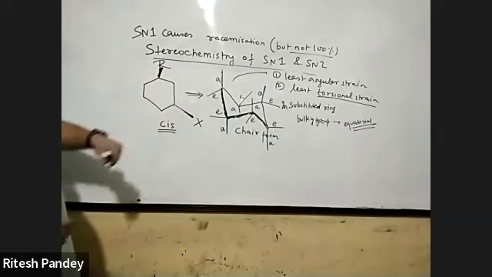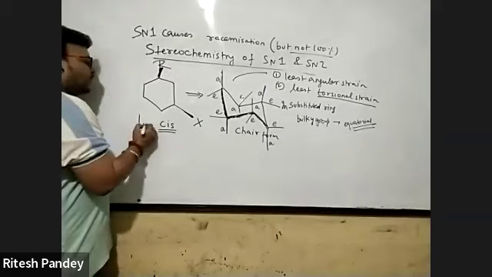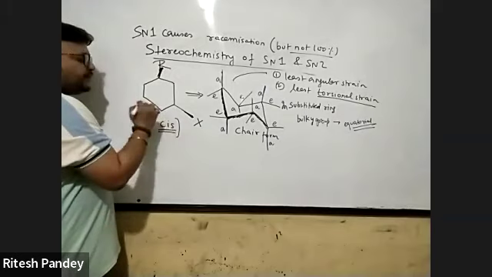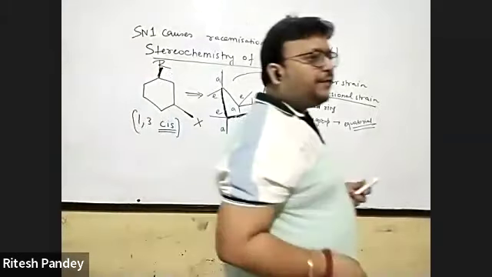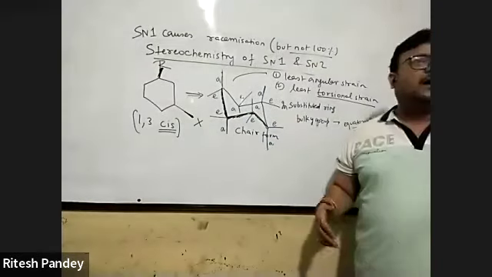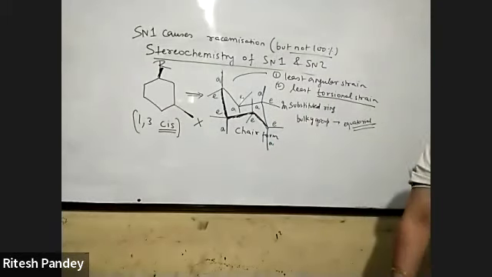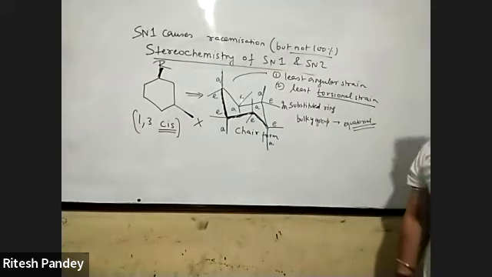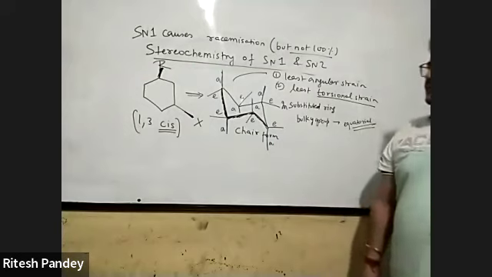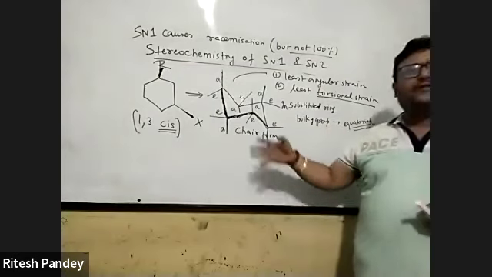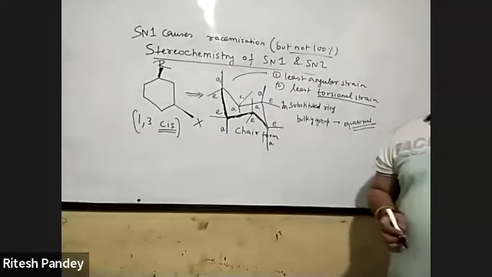And at 1,3 position, if I look for a cis substituted ring, you can choose your own 1, 2, 3 because eventually all positions are going to be equivalent.